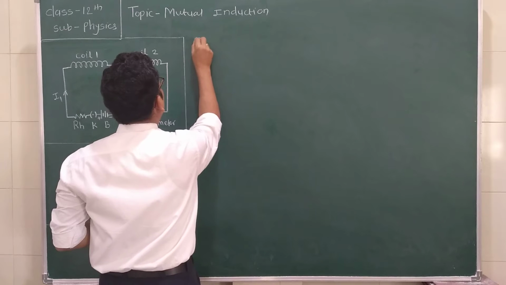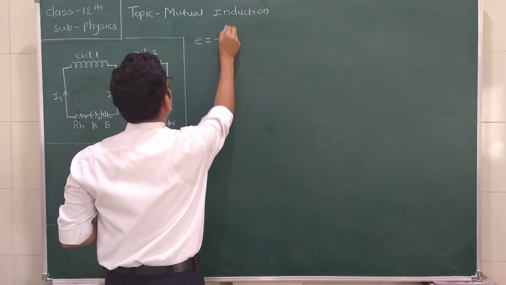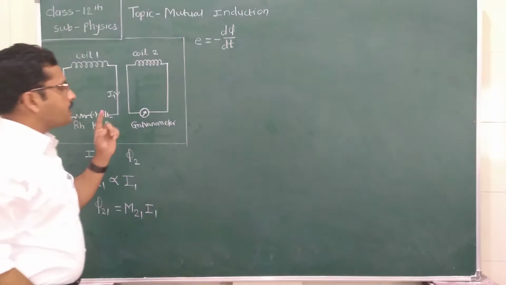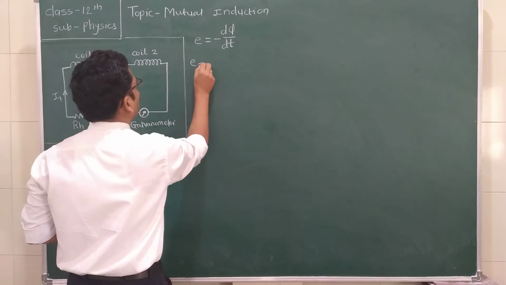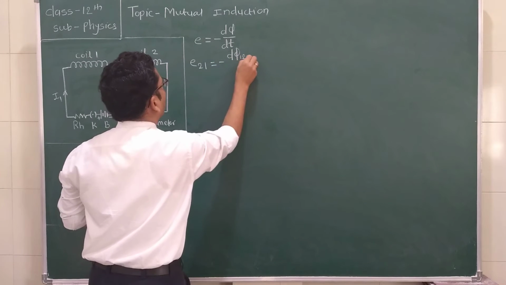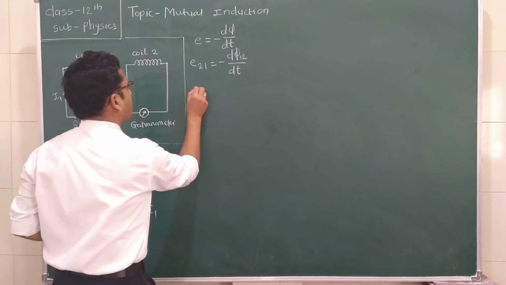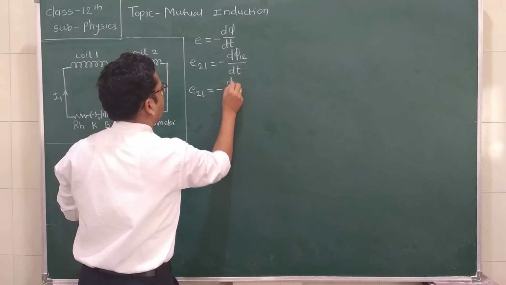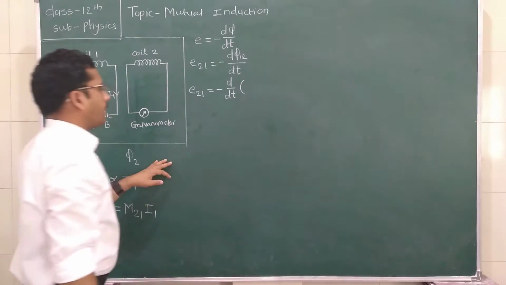Now, according to Faraday's law, E is equal to minus d phi by dt. So how much EMF is induced in the second coil? We can write E21 is equal to minus d phi 21 divided by dt.